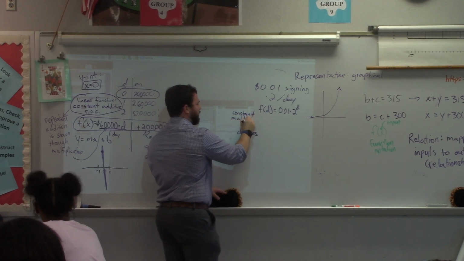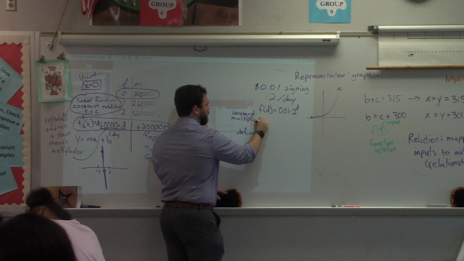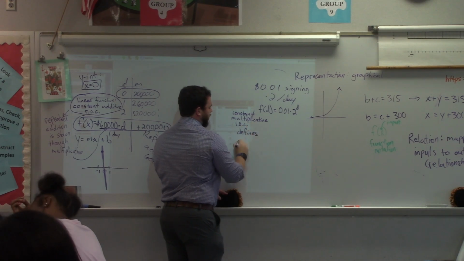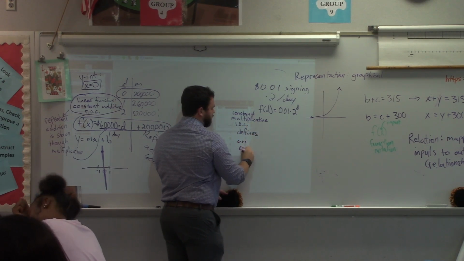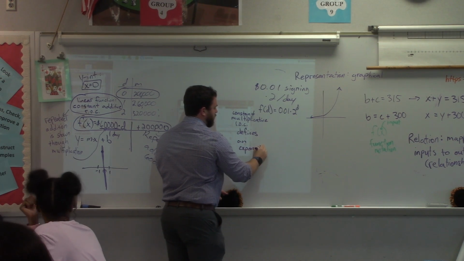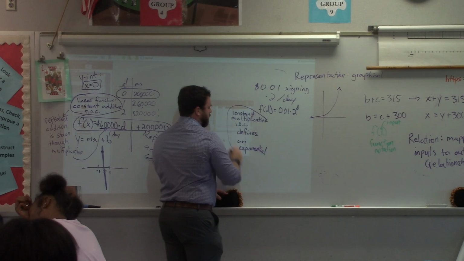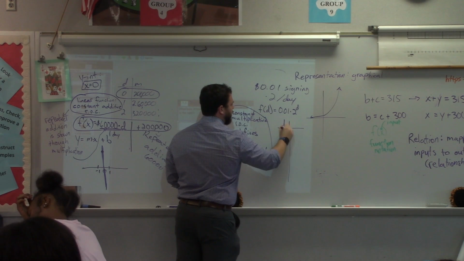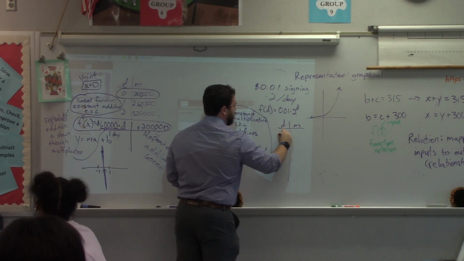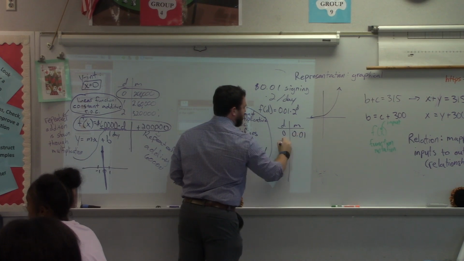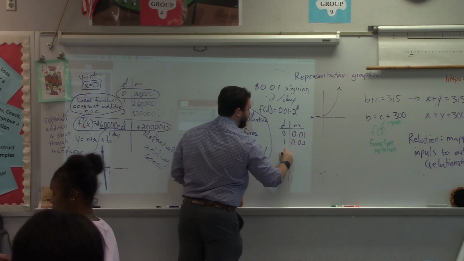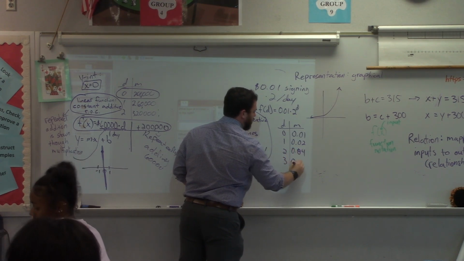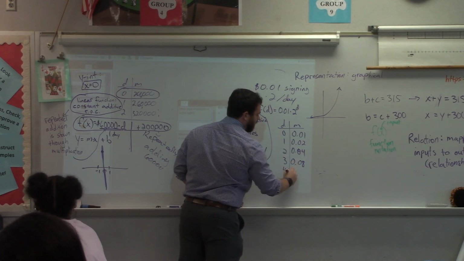Constant multiplicative rate of change defines an exponential. Boom. And so we saw that in the table. So days, money, day 0, 1 cent, day 1, 2 cents, day 2, 4, 8, etc.